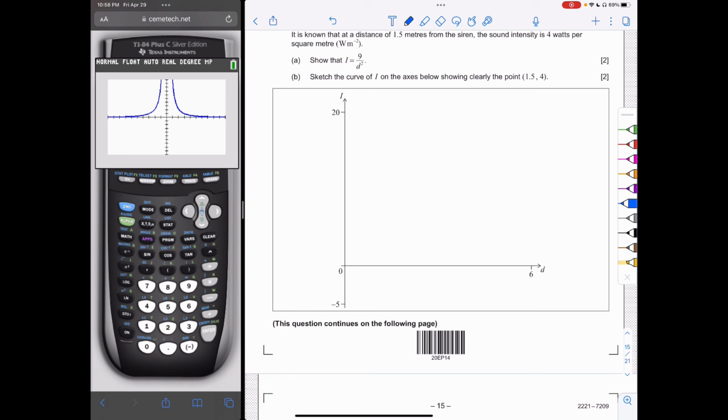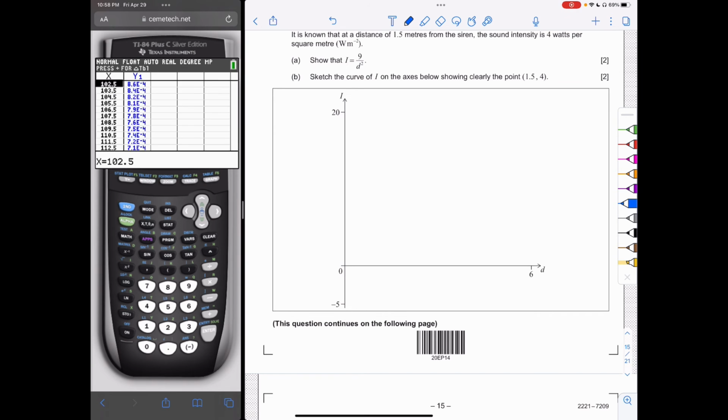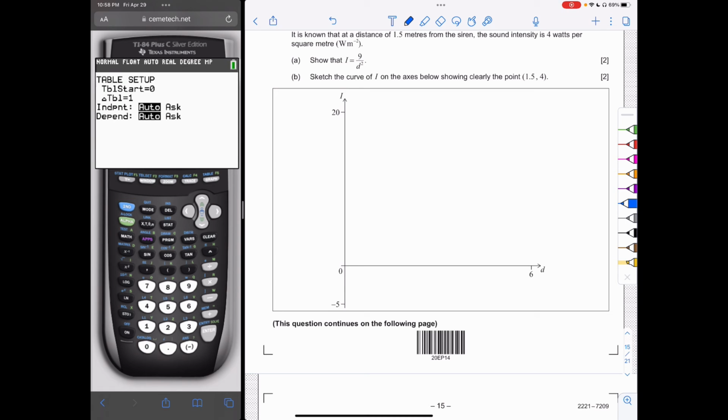one thing we should already know is that if we look at our table, and I'm going to go back and change my table start to 0, when we go to the table, we can automatically see that as we keep going up on the x-axis, our values are getting closer and closer to 0.